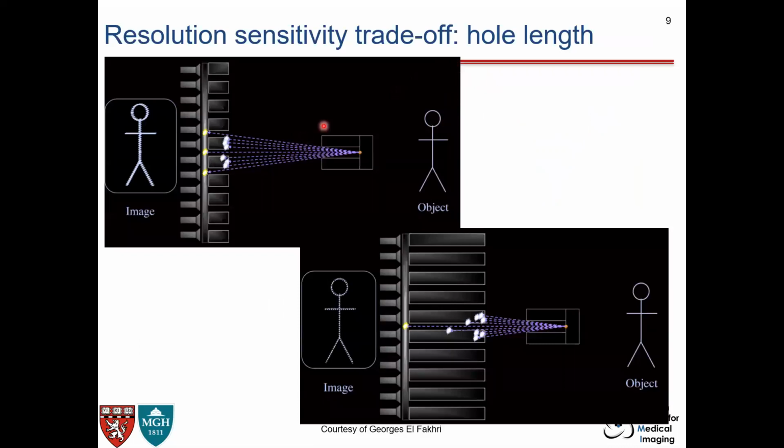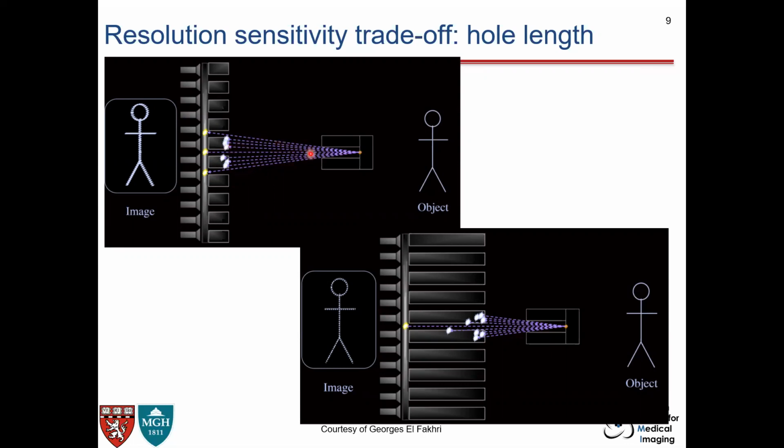So overall, there is always a resolution and sensitivity trade-off in any imaging modality. In this case, let's focus again on the parallel hole collimator. As you can see in the top left figure, if the collimator length is short, you'll have a higher chance of collecting gamma rays coming from the source, from within the human body, and your sensitivity is going to be higher.